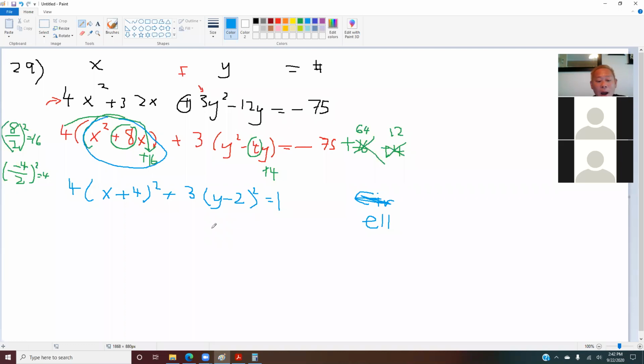Ryan, can you tell everyone why you pick ellipse here? Just because it's modified by the factors in front.